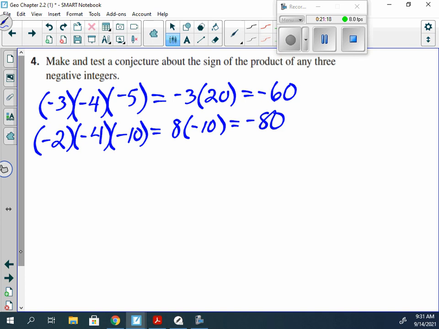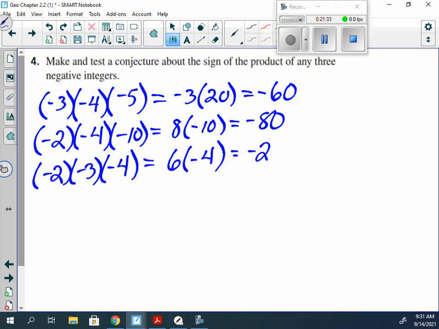Because, I mean, they all end up with a 0, but let's try something different. Let's say -2, -3, -4. Well, -2 times -3 is 6. 6 times -4 is -24. What are you going to say?